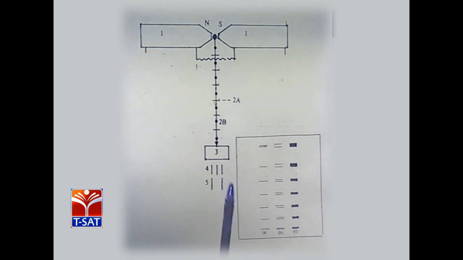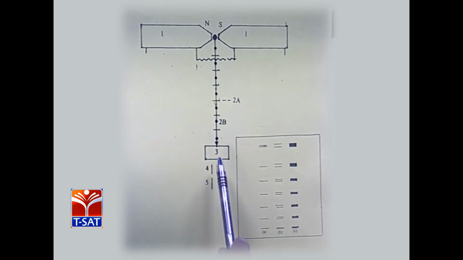In the center direction, when you look into it, we will find 3 lines. The central one is the original line, and this side and that side are the lines due to the application of the magnetic field. If we introduce a polarizer, the polarizer will cut off the central one, and we will see only this side and that side, the effect of the magnetic field alone.